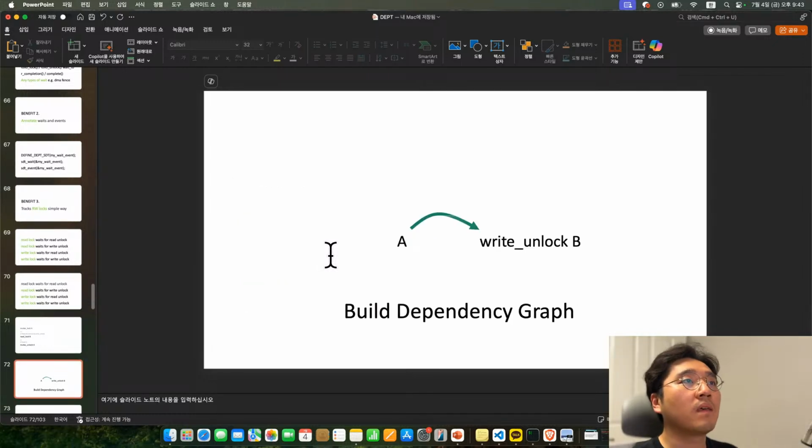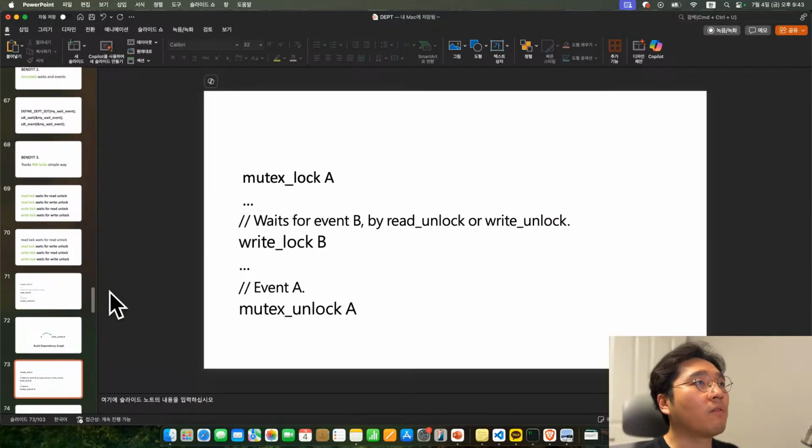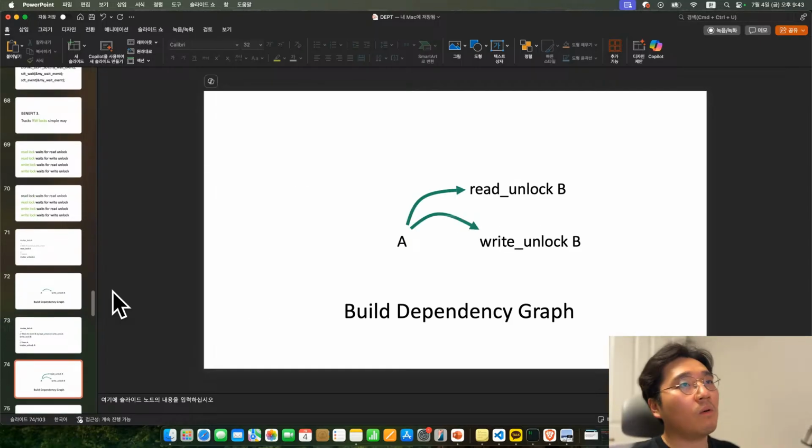So we can draw that event A depends on the write unlock from B occurring, right? And write B covers two cases, read unlock and write unlock, right? So we can draw this situation at two points.